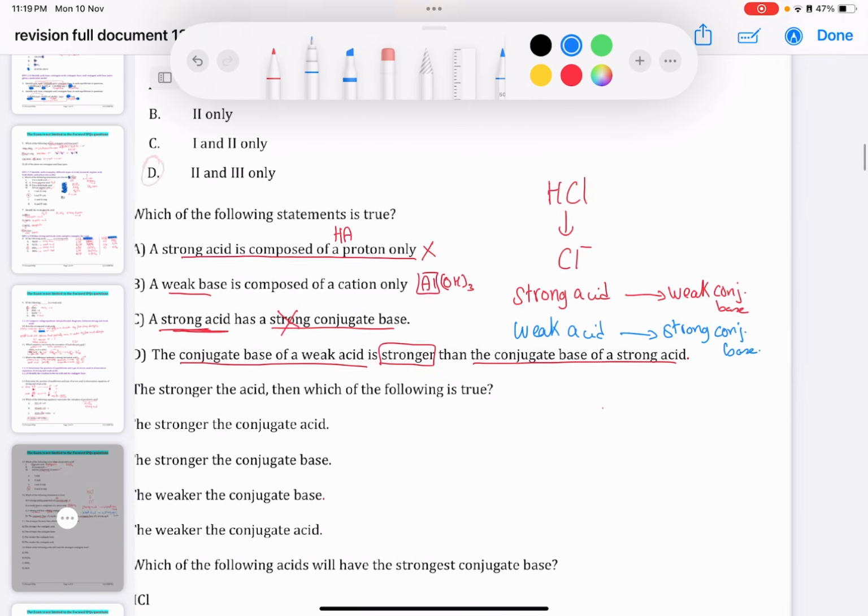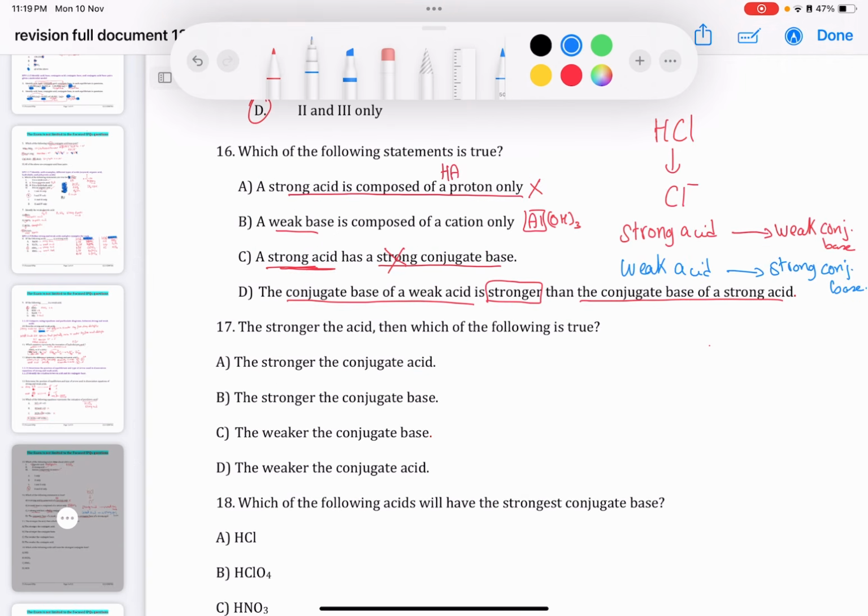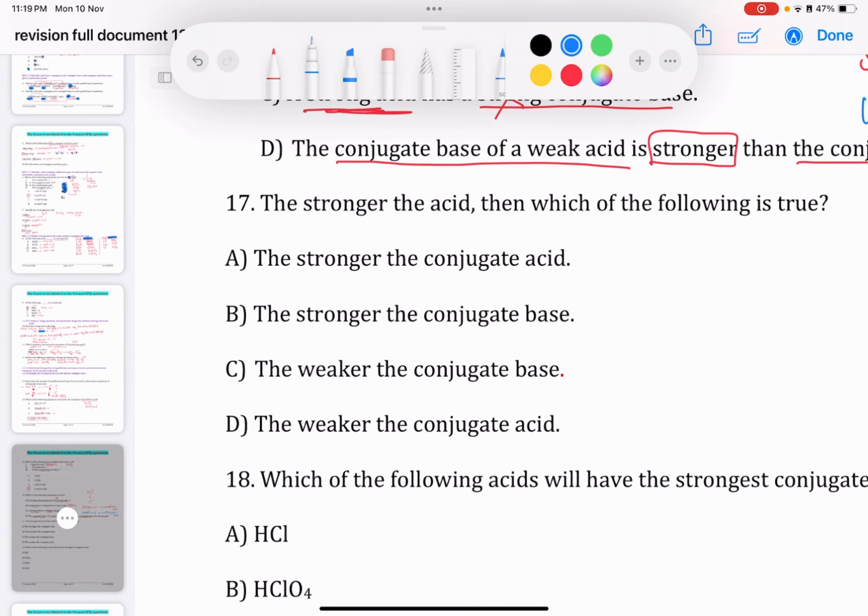So they are inversely proportional. The stronger the acid, then which of the following is true? So as I mentioned, the stronger the acid, the weaker the conjugate base.